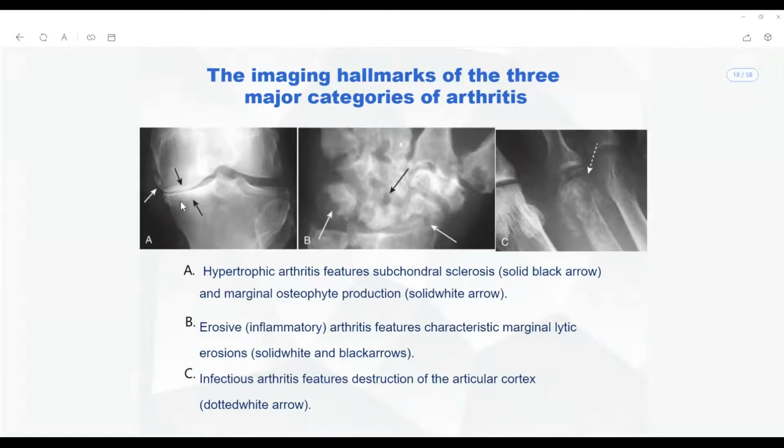So this suggests that I'm looking at a case of osteoarthritis, a knee osteoarthritis condition. So this is a hypertrophic arthritis. All right. Next. Any kind of new bone that has been formed here can technically be called marginal osteophytes.